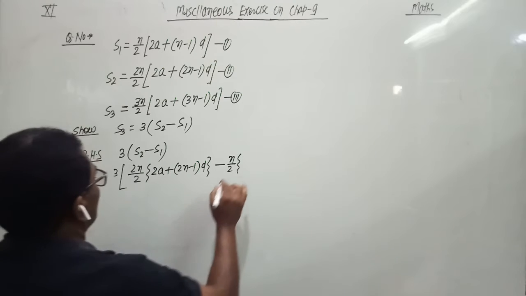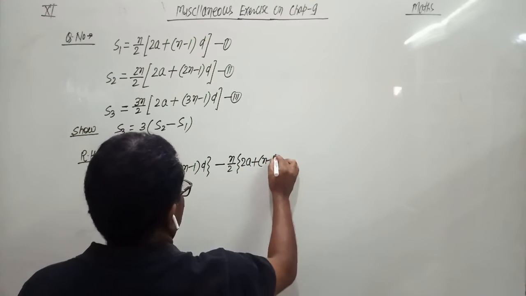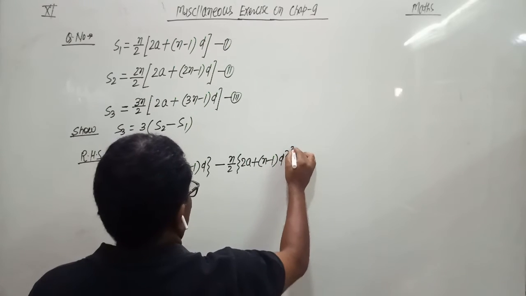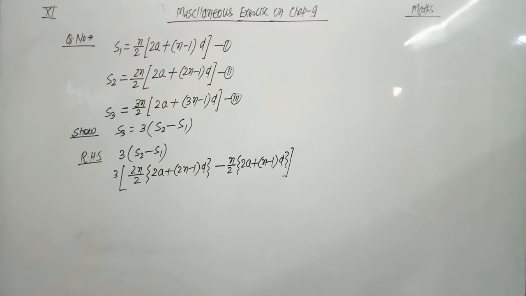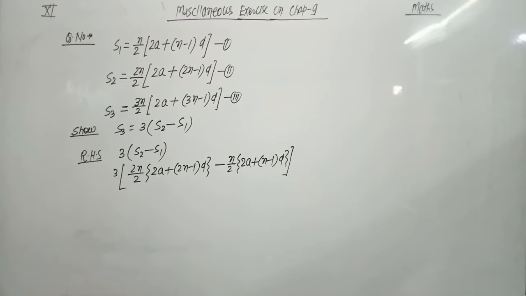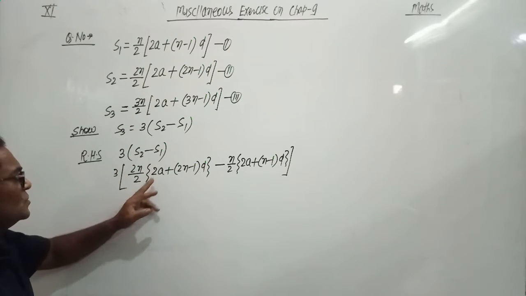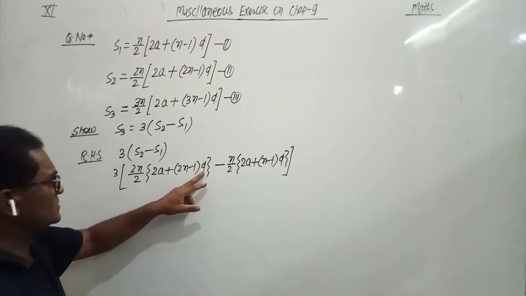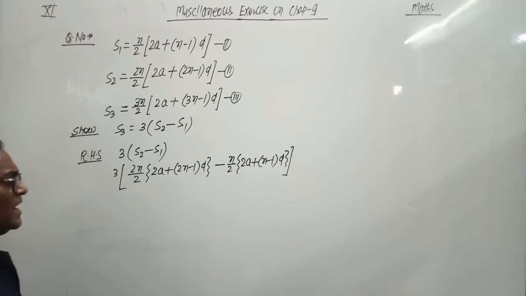We put the value of S2 and S1. The value of S2 is 2n by 2 into 2a plus 2n minus 1 into d, and minus the value of S1, which is n by 2 into 2a plus n minus 1 into d.